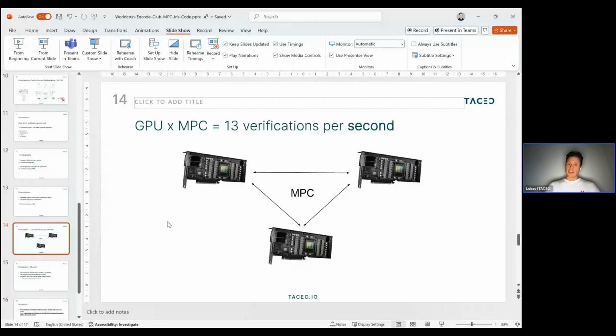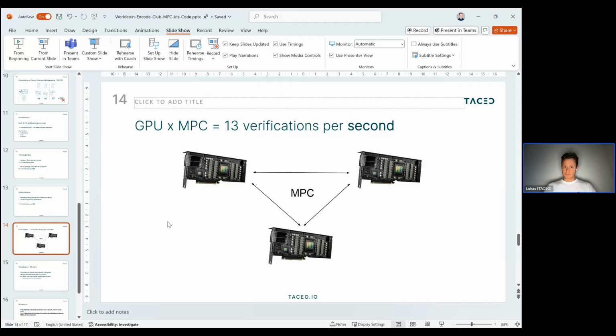And again, machine learning, or at least the ideas of machine learning, saved the day here. We explored this heavily under-researched area of graphic cards and MPC. Writing code dedicated for the GPU and an extremely powerful hardware setup now allows us to do 13 verifications per second, just above the threshold we want, so that everything is running smoothly and a lot of users can be onboarded.